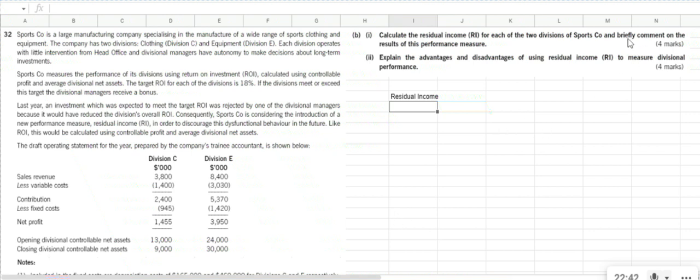We take the controllable profit and subtract the notional interest, and we get our residual income. Let's put division C, and let's put division E.